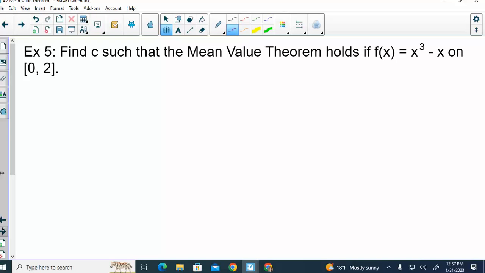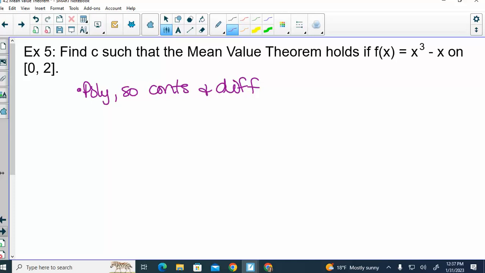What do you notice about x cubed minus x? If you just want to say it is a polynomial, so continuous and differentiable, that's enough for me to feel like you thought about your criteria. In that situation where it is a polynomial, that's all you really have to show me.